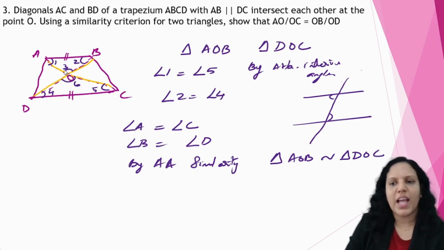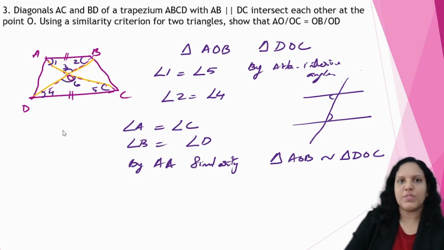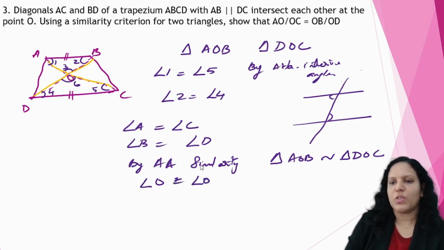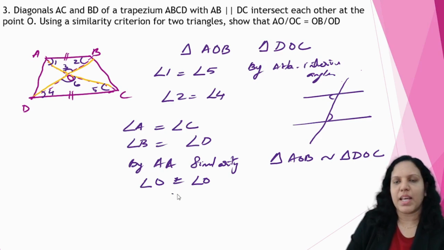Otherwise, we can also say angle 3 and angle 6, the vertically opposite angles, are always equal. So angle AOB is equal to angle DOC. So that is by AA similarity, or by AAA similarity rule.